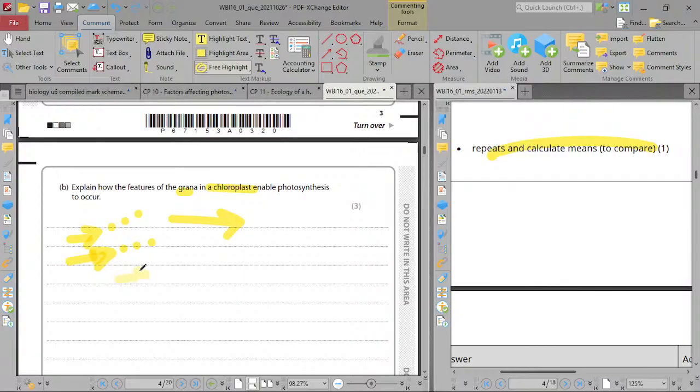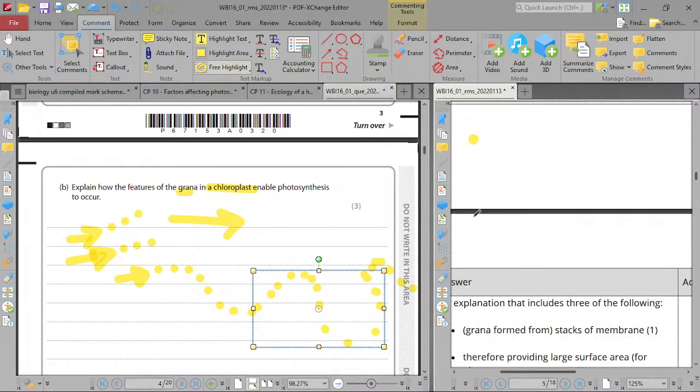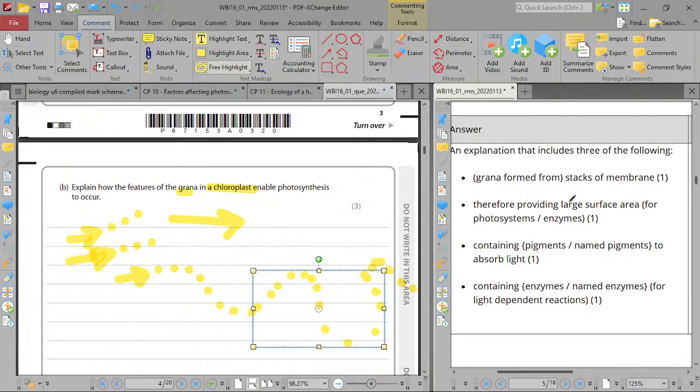Electron transport proteins in the membrane for electron transport chain. ATP synthase present in the membrane. Structural membrane, large surface area for photosystems. Pigments to absorb light.